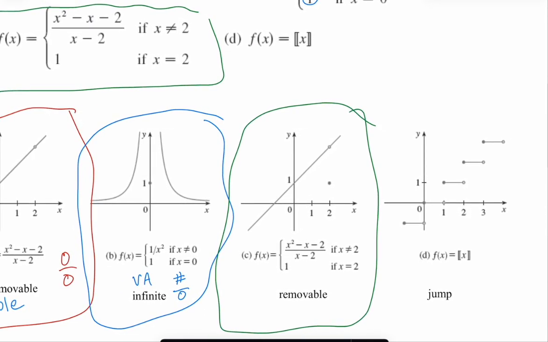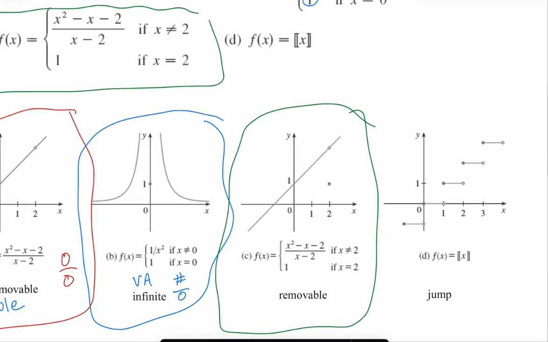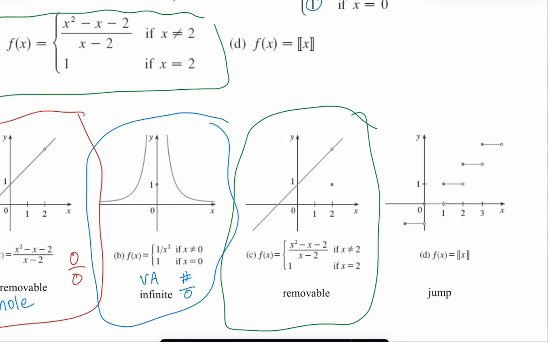Let me think what it would have been. It would have been 2, 4, 2, 2. I don't know, but they should have filled up the spot there and they didn't. So you can still have a removable discontinuity if they didn't fill in the right spot. If they wrote it like this and then filled in the exact spot, we wouldn't have an issue, but they have an issue.